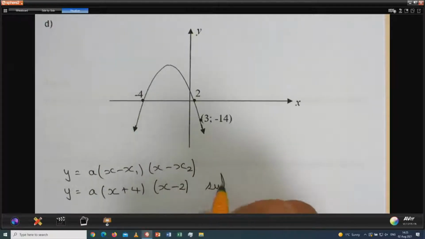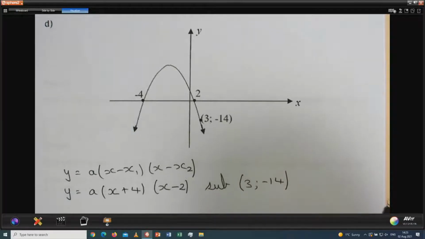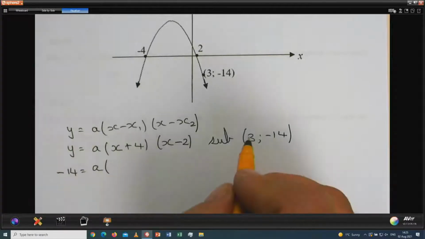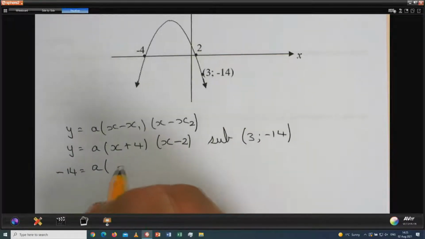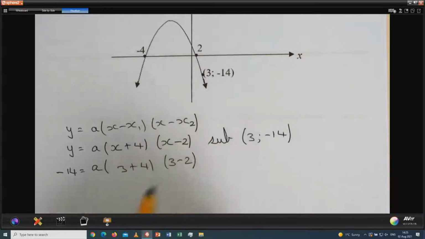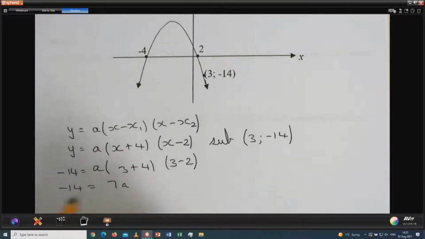Then we substitute in the point (3, negative 14), so y is negative 14. Negative 14 is equal to a, your x value is 3, so it's (3 plus 4)(3 minus 2). This here is 7 times 1, times a, is 7a. Negative 14 is equal to 7a. Divide both sides by 7, so a is equal to negative 2.